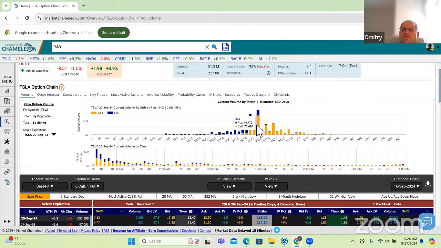Here we see that the 230 strike had the most volume, followed by, I think, the 225. So now in the September 20th, just visually, we see where the volume is trading, right? This is the distribution of volume by strikes in this particular expiration. 56% of all the options were calls, 44% puts. And this is how that volume is distributed.